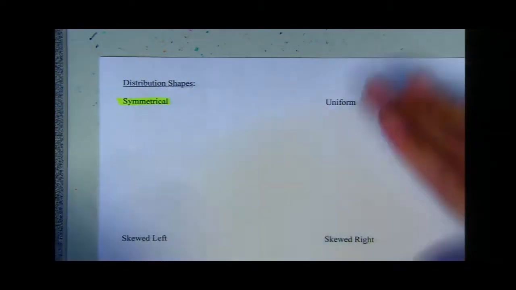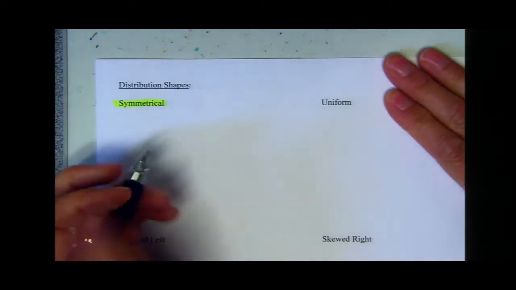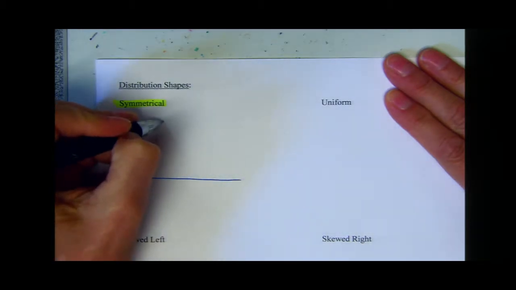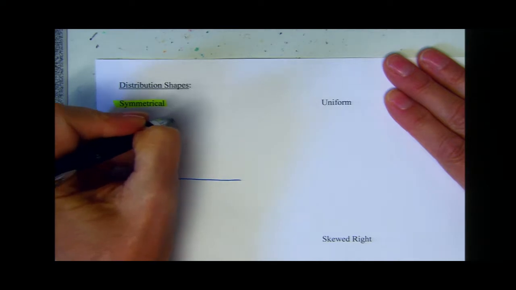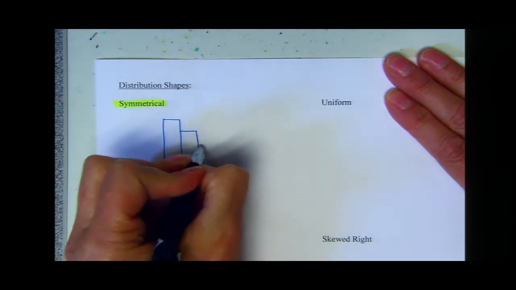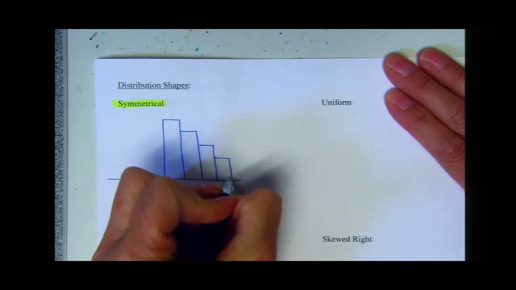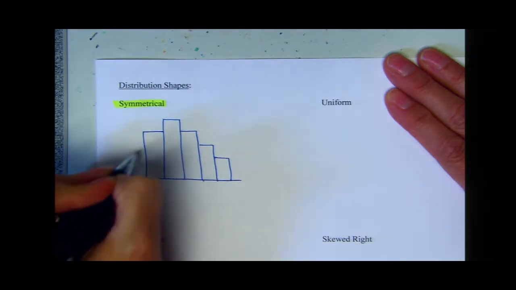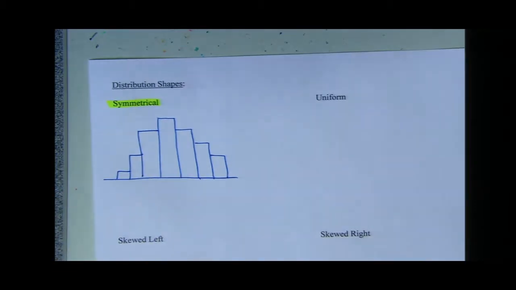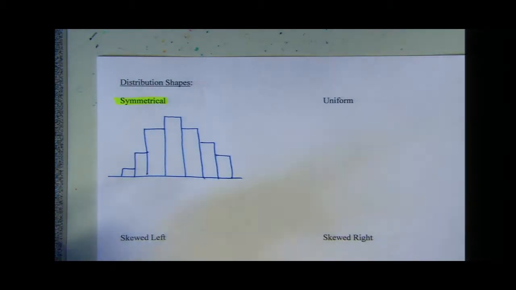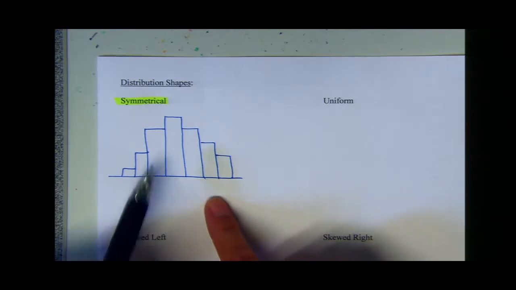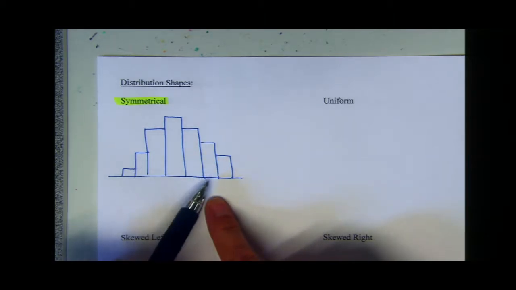Let me give you a rough draft of what a symmetrical histogram might look like. What it states is that if you were to fold this graph in half, it would look more or less the same on both sides.